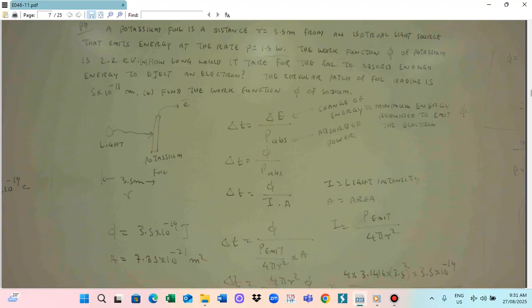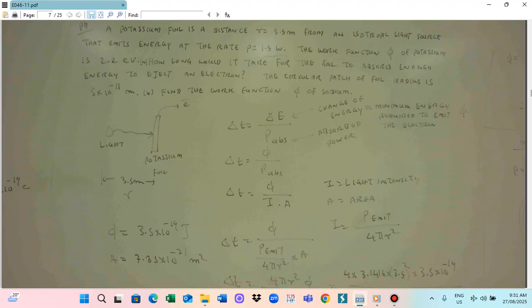So we have to calculate I. I is equal to the emitted power divided by 4 pi R square. I can also be written as P emit divided by 4 pi R square. So in place of I we can substitute.